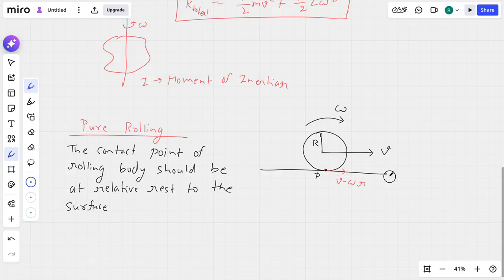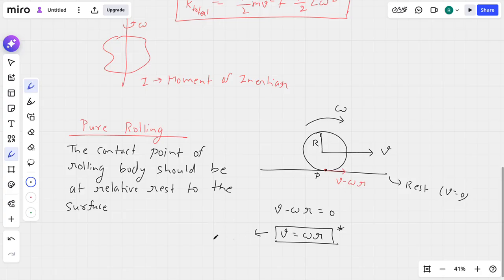Say if the surface is at rest, that is v equal to 0, this point should also have zero velocity. Basically the contact point should be at relative rest with the contact surface. So we can write v minus omega r equal to 0. Here we get v equal to omega r. So this is the very necessary condition for a body to be in pure rolling.